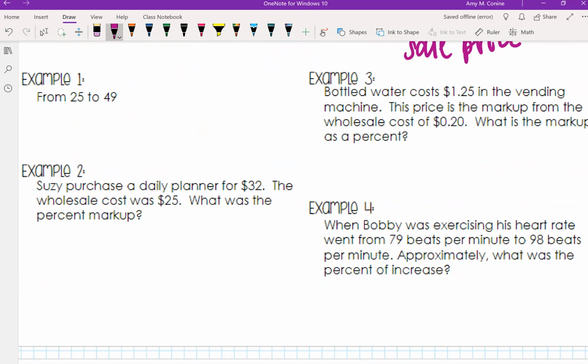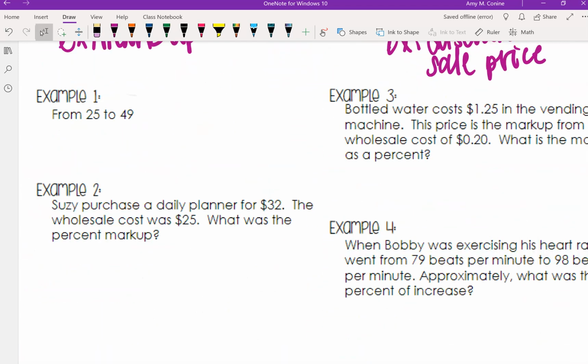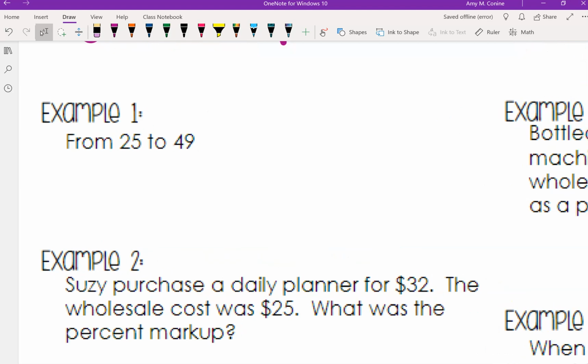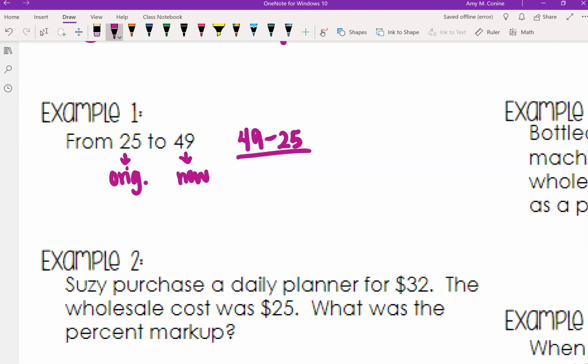So example 1, something super basic. We're going from 25 to 49. All right, so to go from 25 to 49, 25 is our original here, okay? And then the 49 is the new number we get. So to do our amount of change, we need to take our numbers up top and subtract, and we should always have a positive.